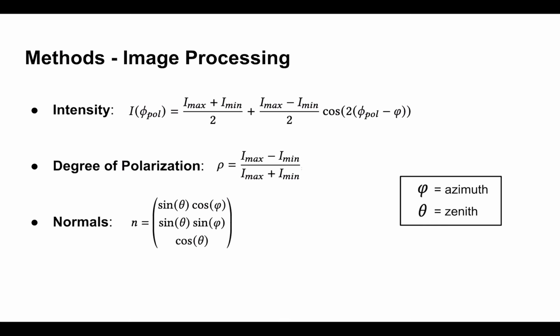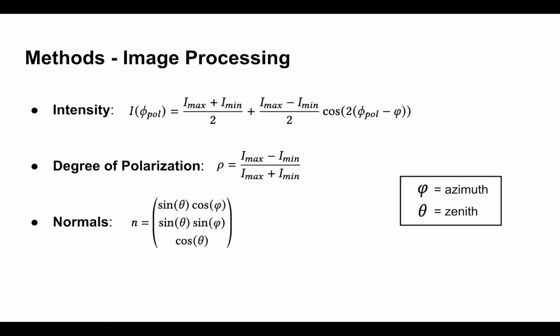So our first equation here describes the intensity at a specific image point, and we can see that Imax and Imin represent the maximum and minimum intensities of the overall image respectively. We also know the rotation angle phi pol for each image that we capture, so we would be able to use the formula to find the azimuth angle for different image points by just taking inverse operations.